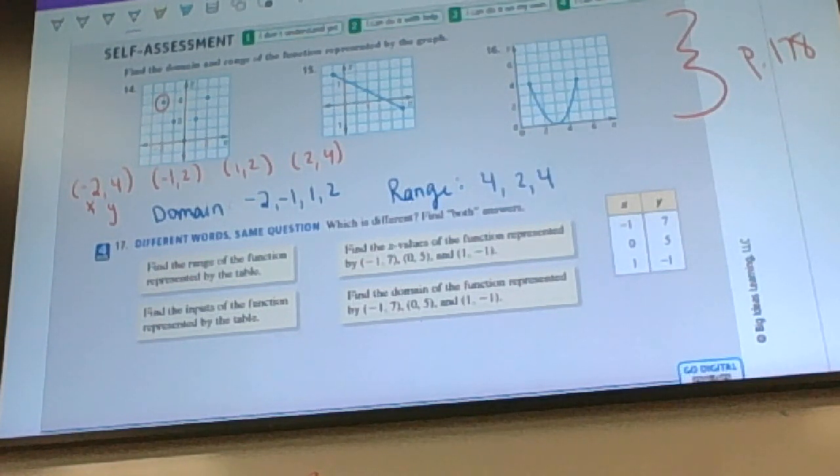The only thing about a T-chart is you probably wrote 2 twice. And then in my list, I don't write it twice. So I actually need to erase the 4. So the range as a list is just 2, 4. So it's just 2s and 4s in the Y value.